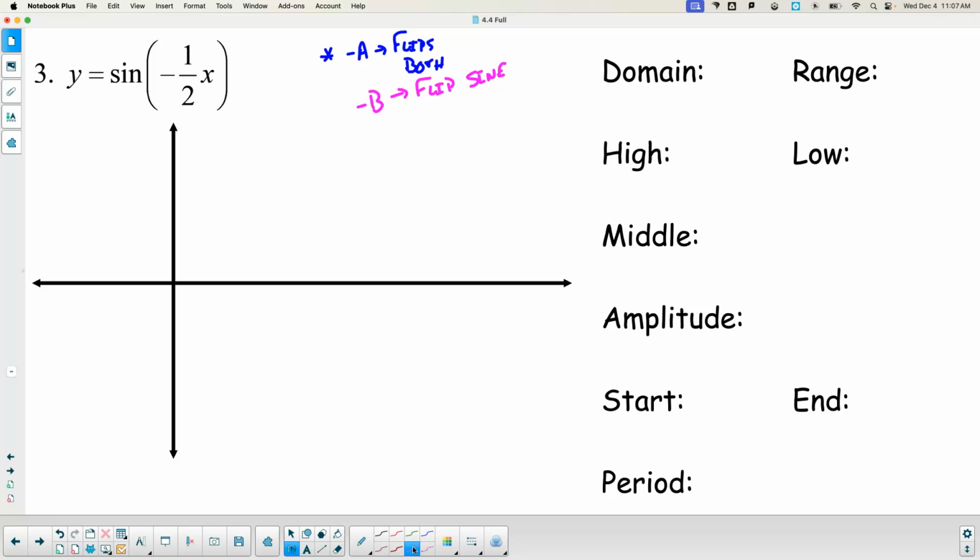I don't have my big, where'd my big unit circle go? Row? Here it is. Found it.